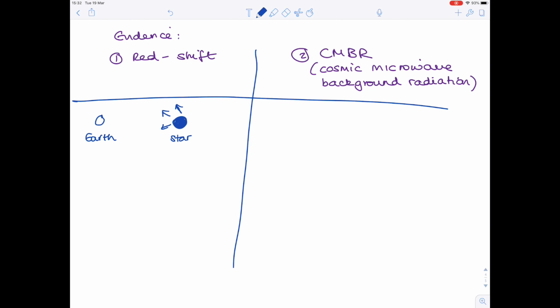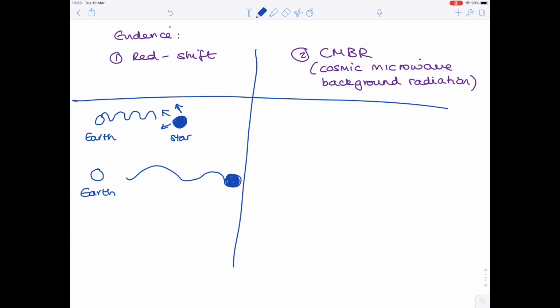Now, according to the fact that the universe is expanding and that the galaxies are moving away from us, hopefully you can see that this star would end up in a new position further away. Now, if the light being given off that original star has a wavelength of something like this, are you happy that when it moves further away that wavelength gets stretched? So it has a longer wavelength.